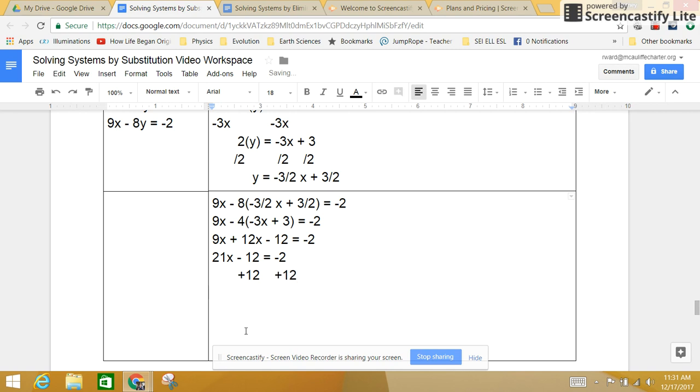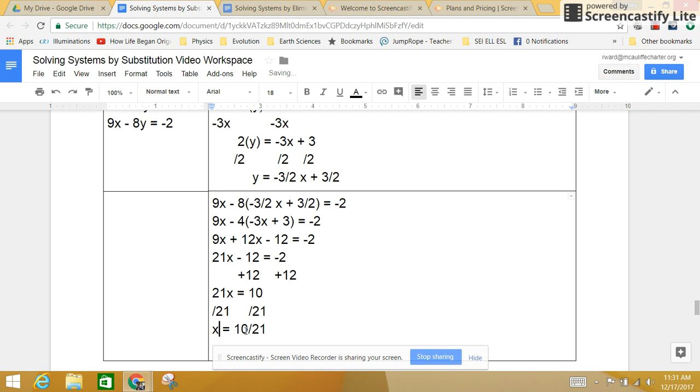And I'm going to end up with 21x equals 10. Now I've got to divide both sides by 21. And this is going to get uglier. Divided by 21. And I end up with x equals 10/21.